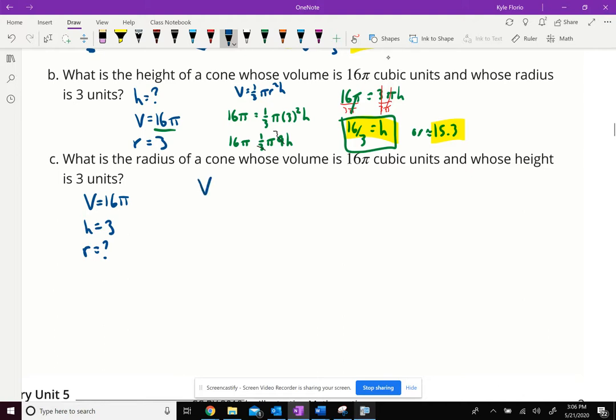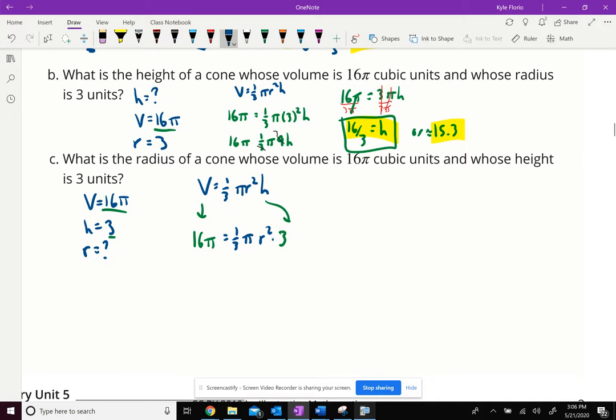Again, just copy our formula down. It's going to be 1/3 the area of a circle times the height. It's going to give us the volume. And I know that 16 pi is the volume. And that equals 1/3 pi times the radius squared, which I don't know, times the height, which is 3.